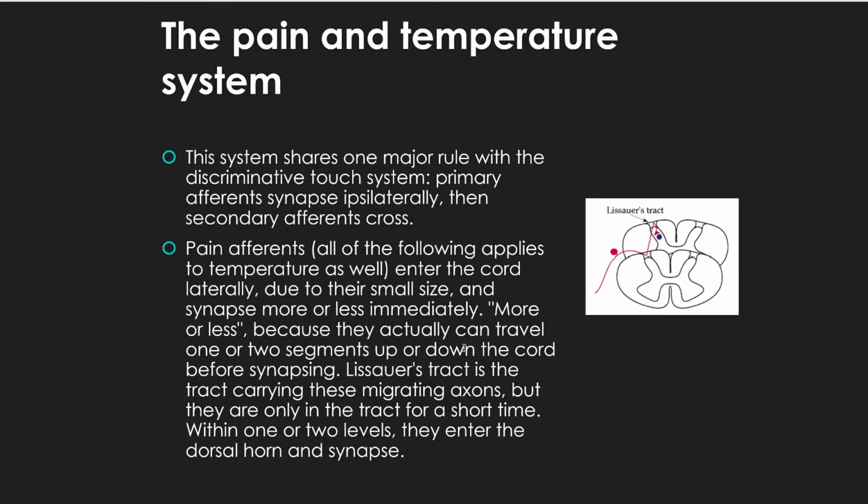More or less because they actually travel up or down a couple of segments. And this portion is called Lissauer's tract. It carries these migrating axons, and within one or two levels, they enter the dorsal horn and synapse.